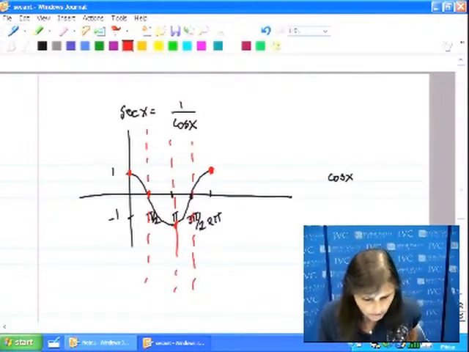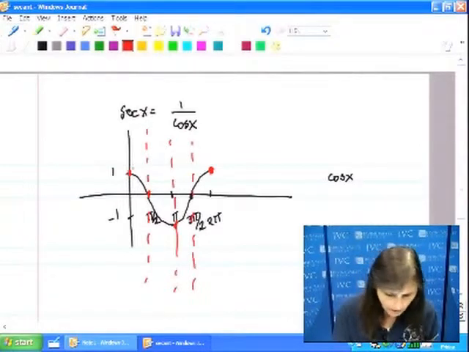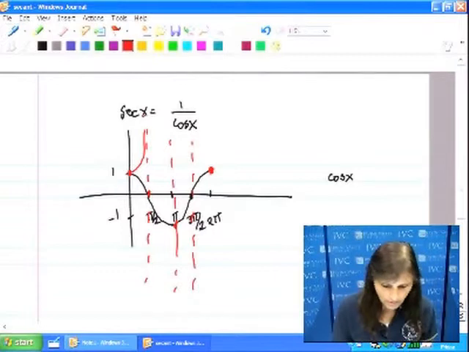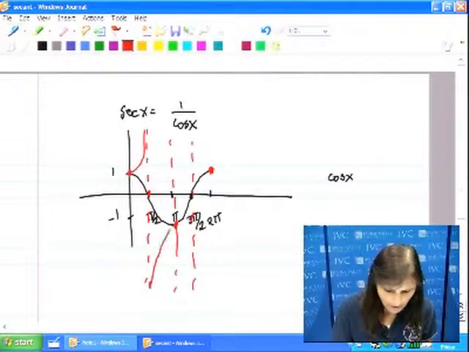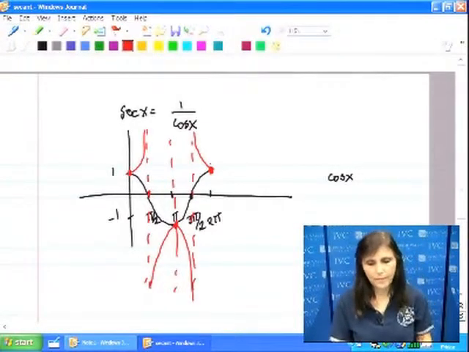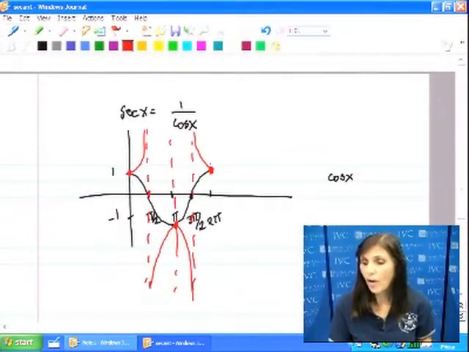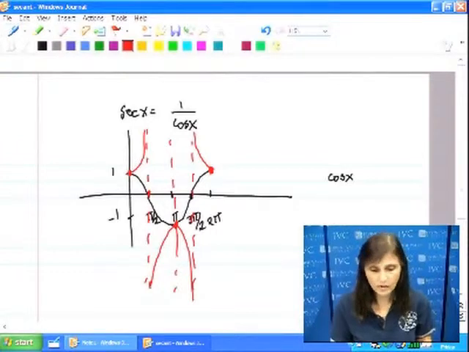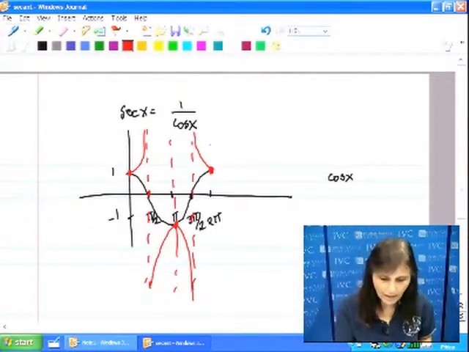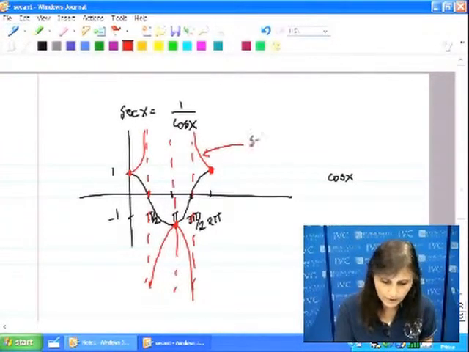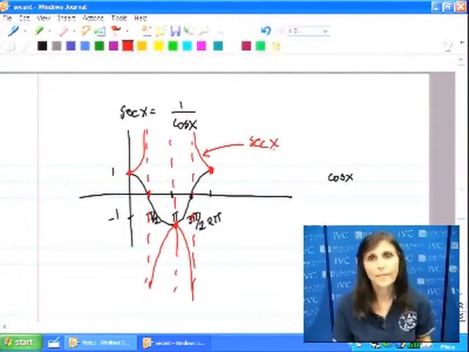So it's going to blow up here, and it's going to stay positive. And it's going to blow up here. It has to go that way. And here it is. So draw the cosine always first, and then draw the red. The red is simply the secant of x.